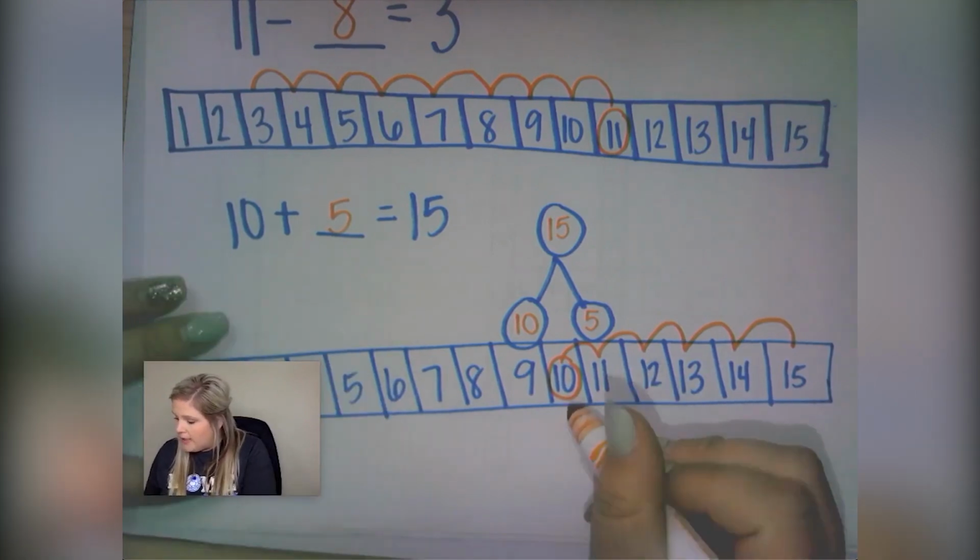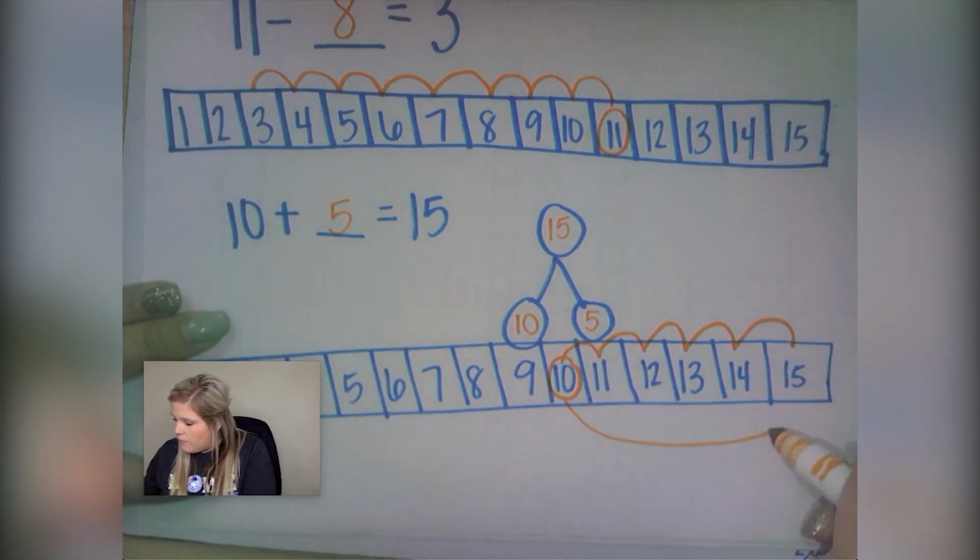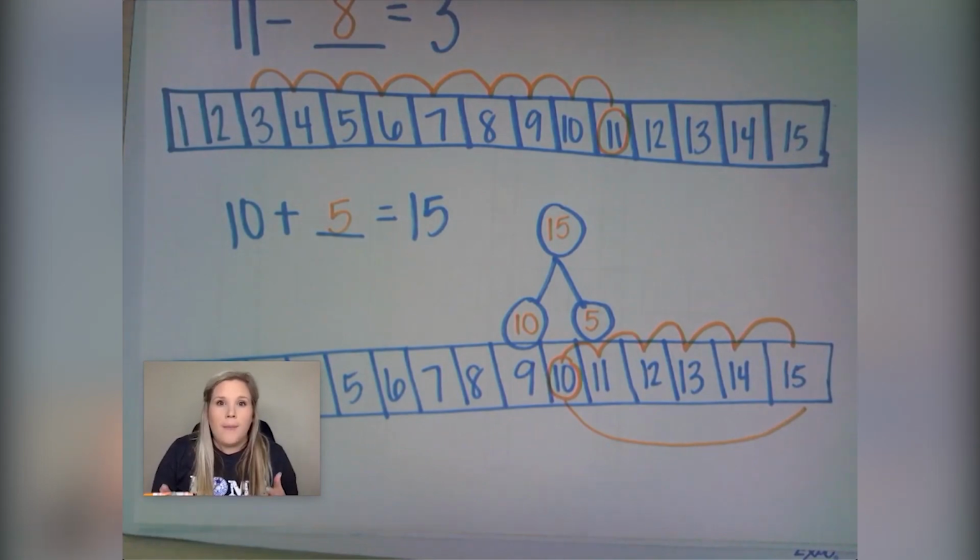And it would have looked something like this. It would have been one big hop. But because we do get a choice, it's easier for me to count on by 1s right now until I get a little bit more comfortable with this strategy.